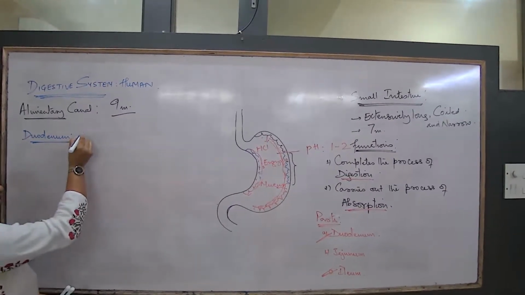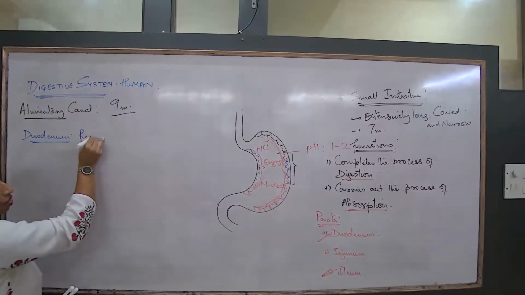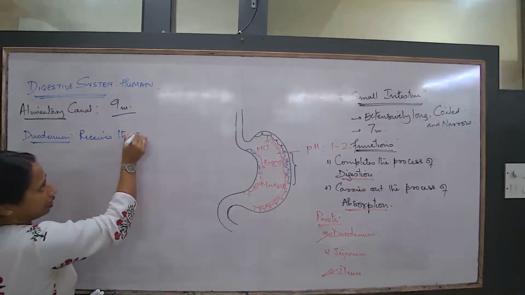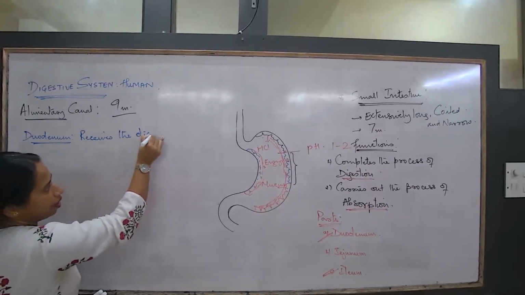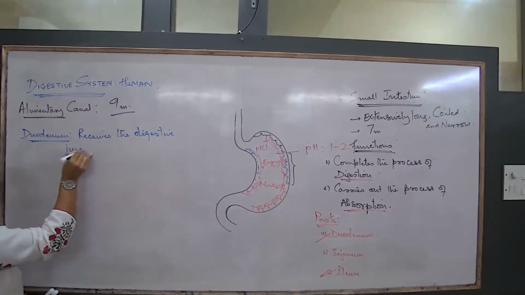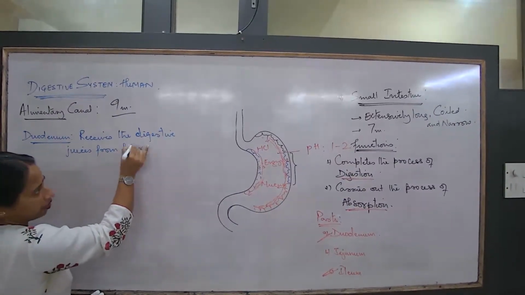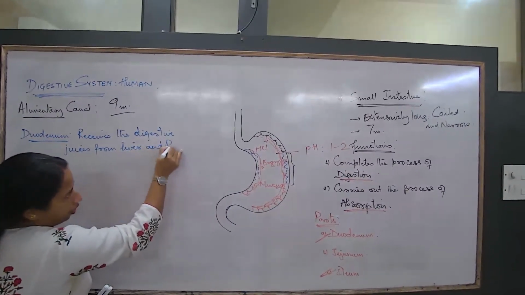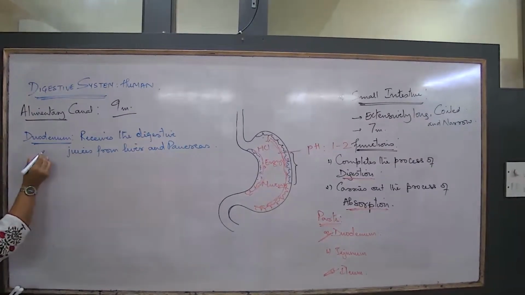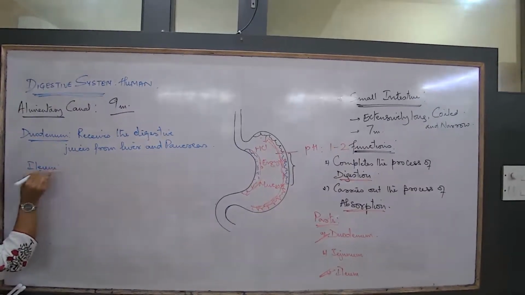It is a very important part, and it receives the digestive juices from the liver and the pancreas. We are going to understand the functions of these later, but jejunum we are not talking much about because it only carries out the process of digestion.